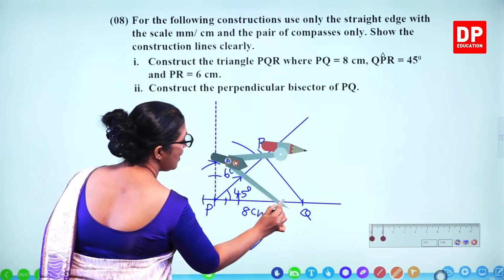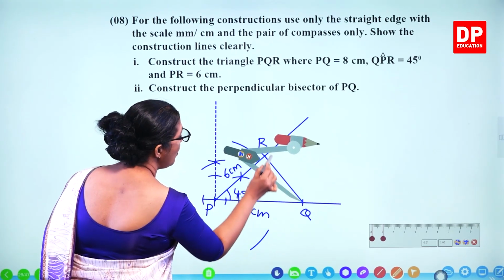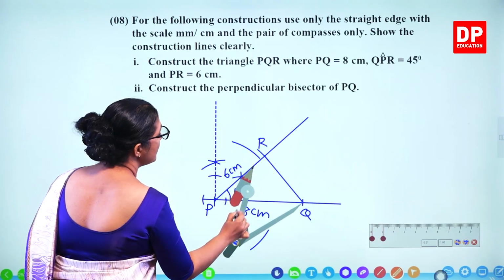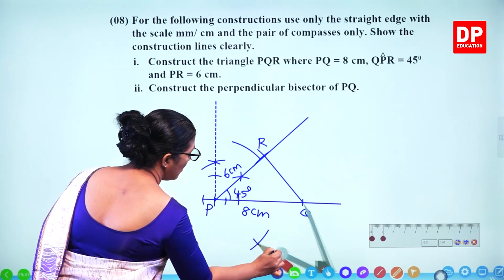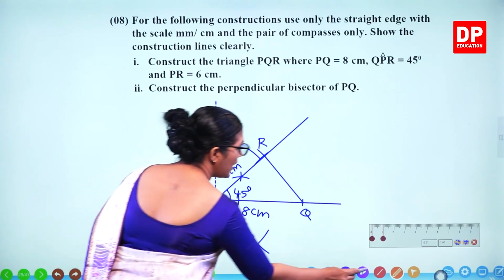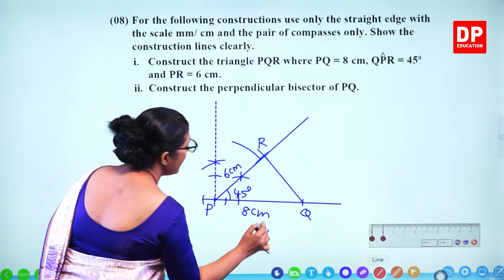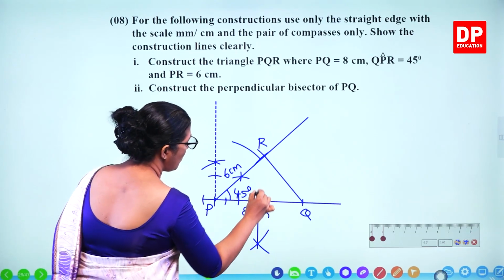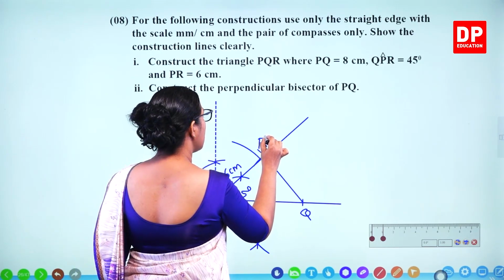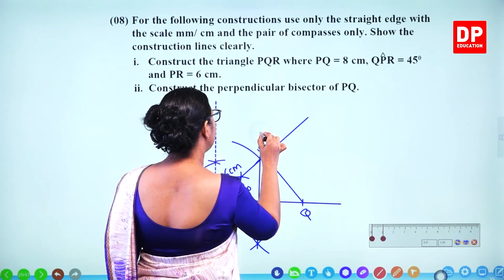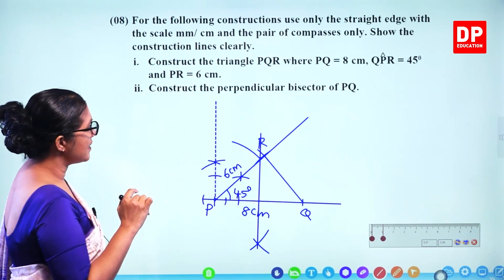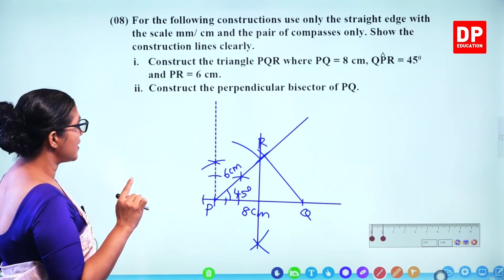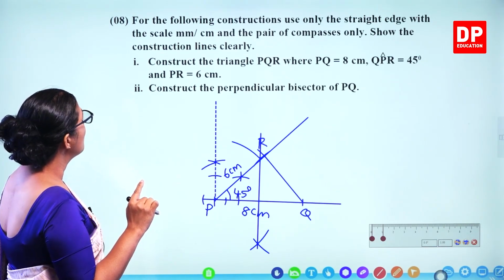And also keep on top of point Q and draw the other 2 arcs. Now we have 2 points you can connect. This point and this point. This point is the bisector. So that's the perpendicular bisector of PQ.